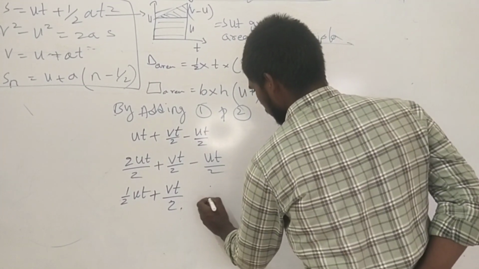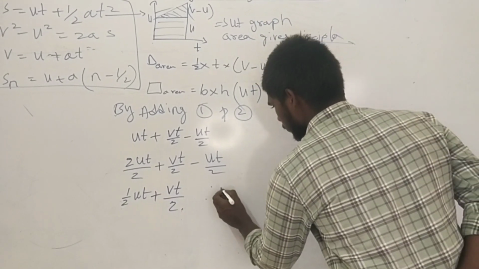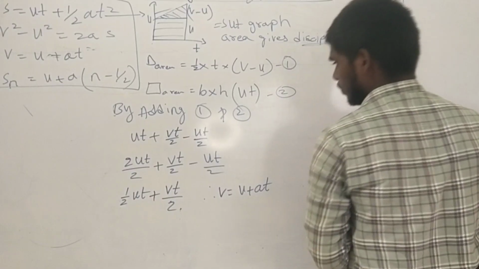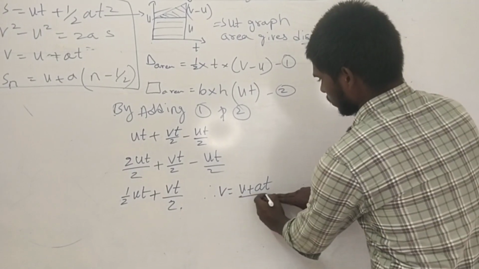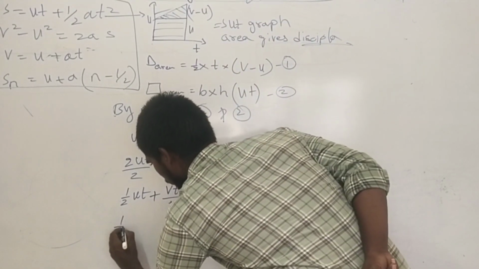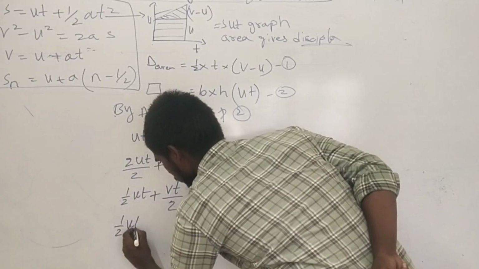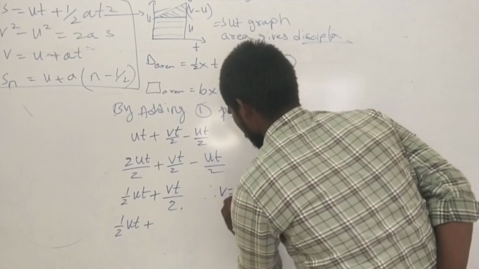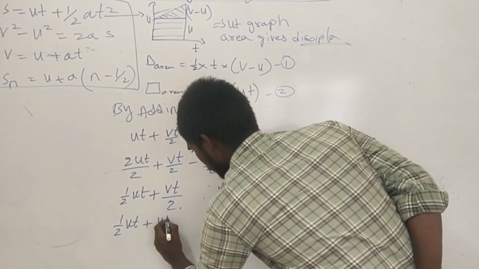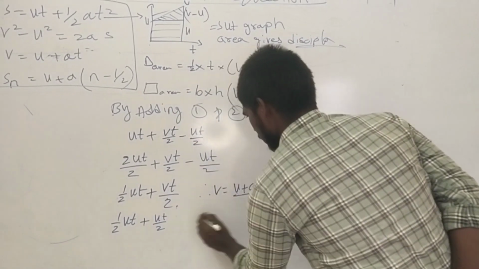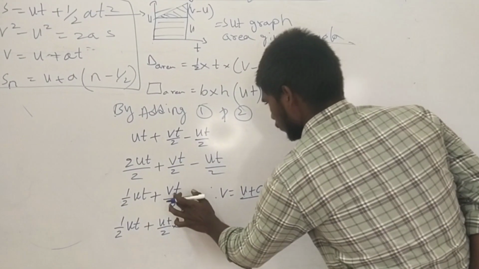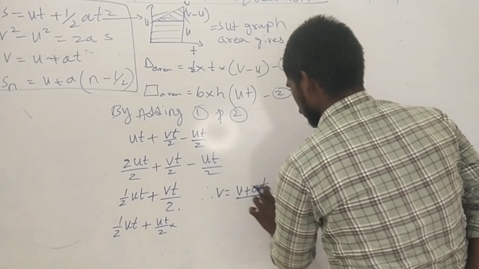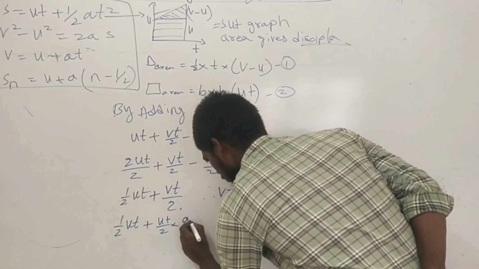We know that v is equal to u plus at. If you substitute this term in, we get half ut plus half u into t, ut by 2, plus half into a into t into t, at square by 2.